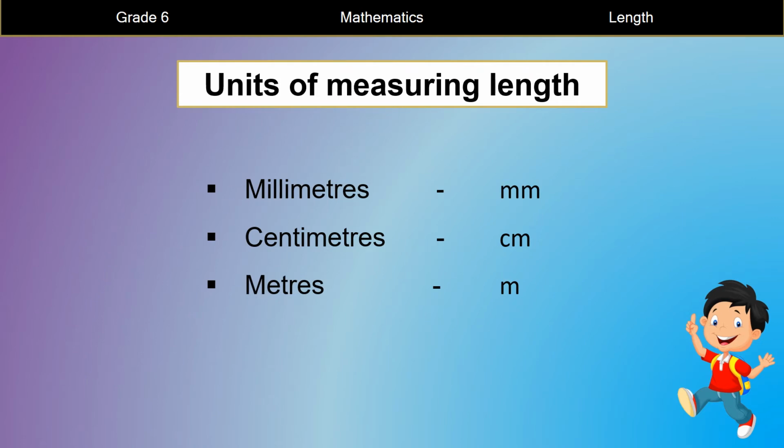It is m. Kilometers is also another unit we use to measure length, represented by km. Here you have to remember that all the units are written as symbols using simple letters. mm, cm, m and km.